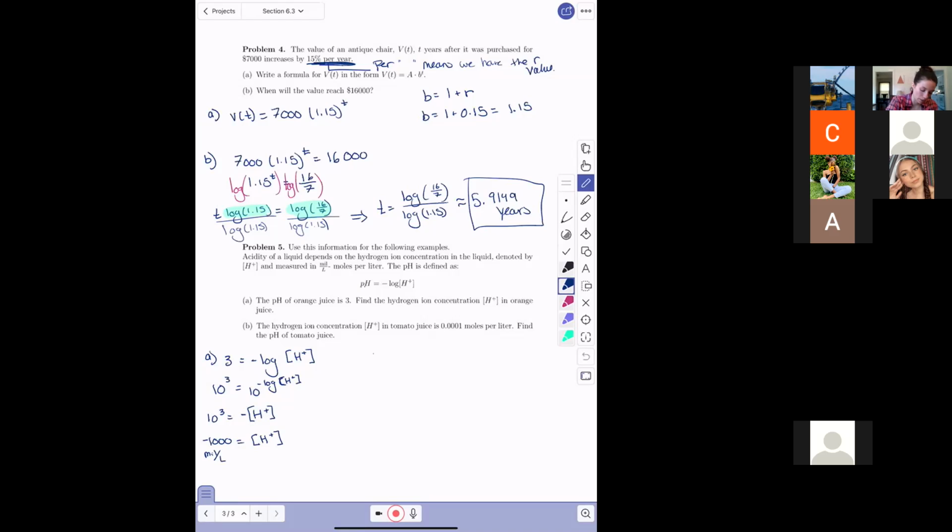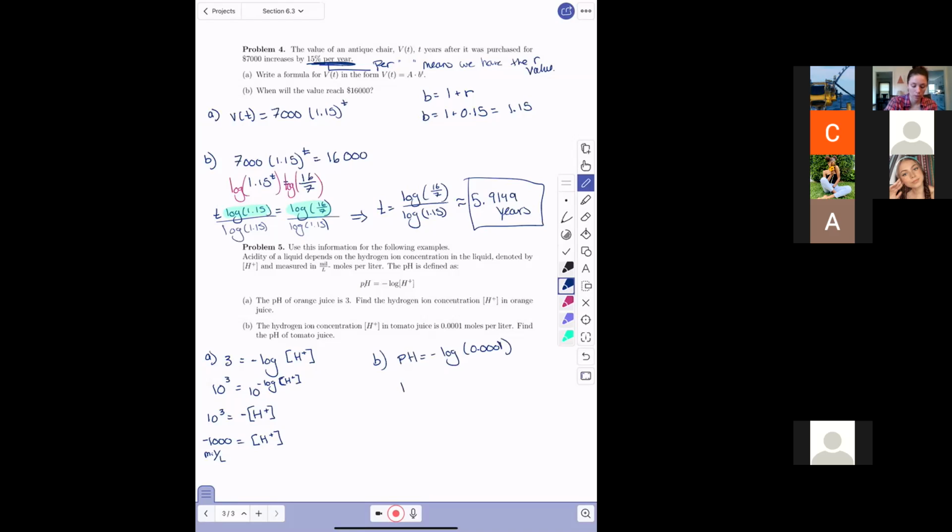Okay. Problem B. The hydrogen ion concentration H+ in tomato juice is 0.0001 moles per liter. Find the pH of tomato juice. So when we set this up, we're looking for the pH. So we have pH is equal to negative log of 0.0001.